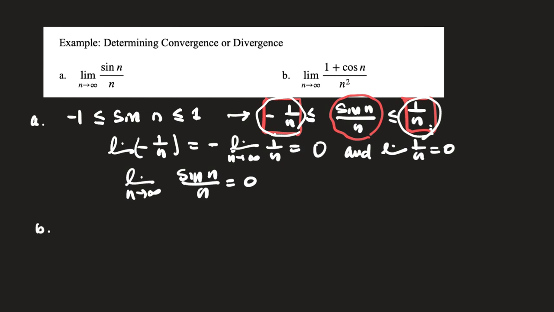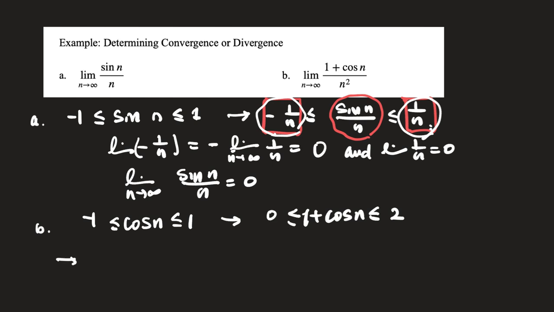Okay, let's go to the second one. Same thing here with cosine n. We cannot use L'Hopital's rule, guys. Make sure cosine n is between -1 and 1. So we add 1: 1 plus cosine n is between 0 and 2. Divide by n. 0 over n is 0, right?